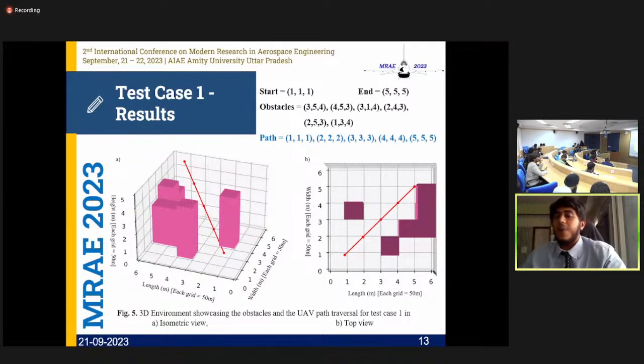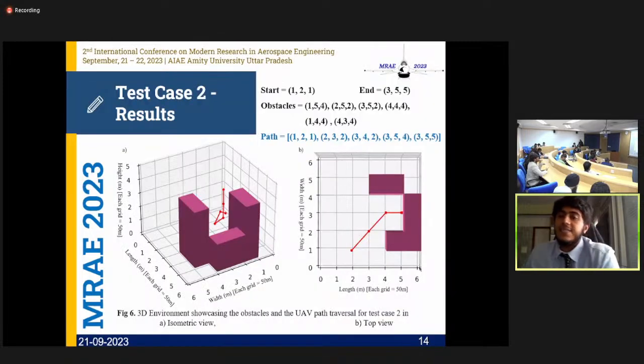Also, you can see that the path generated by the algorithm, which is highlighted in blue, gives out a diagonal path, which is verified by the results on the graph. Moving on to the second case, we have taken an environment which is more compactly packed and the obstacles are more closely placed. Irrespective of that, the algorithm is successfully performing obstacle avoidance and generating a path from start to goal.